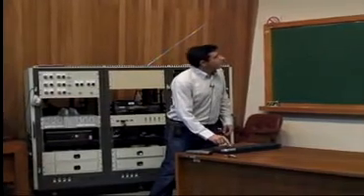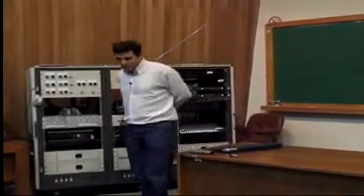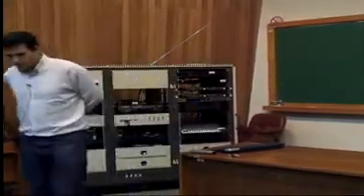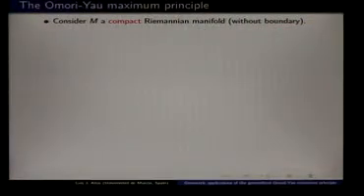Okay, we'll start by reviewing some basic facts about the known Omori-Yau maximum principle. Consider M a compact Riemannian manifold without boundary.